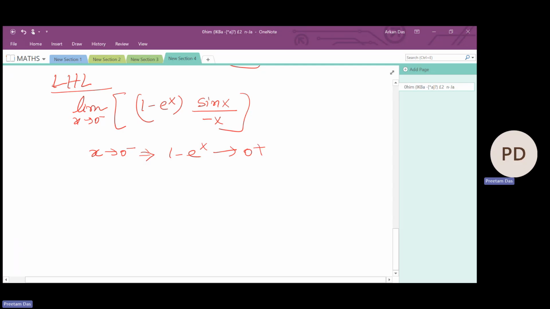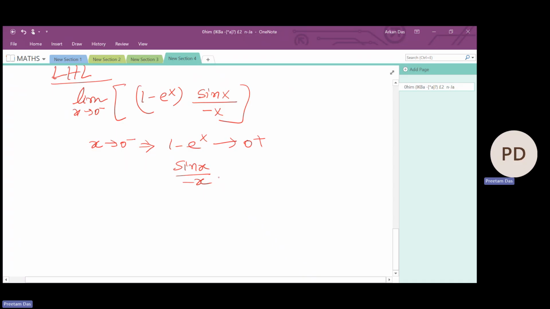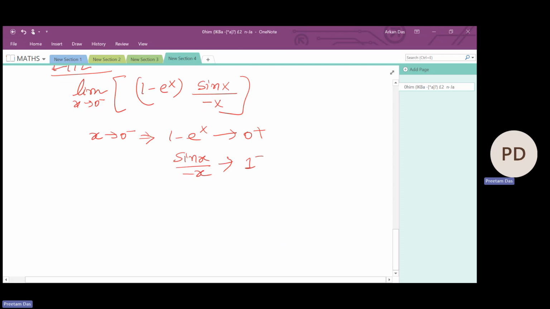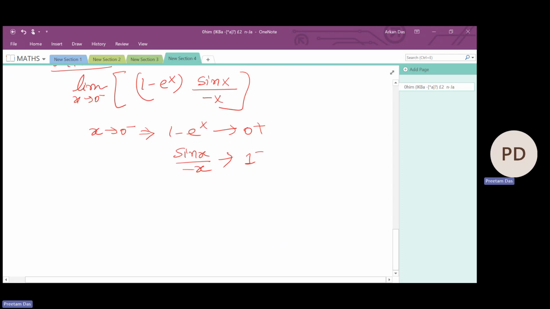It will remain positive. And what about this sin x by minus x? Sin x by x tends to 1. So it is minus, so that will be going to 1, but from the negative side. Okay. So going to 1 from the negative side, from the left hand side means still 0 point something. And this is also 0 point something.